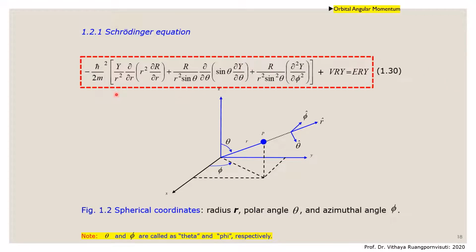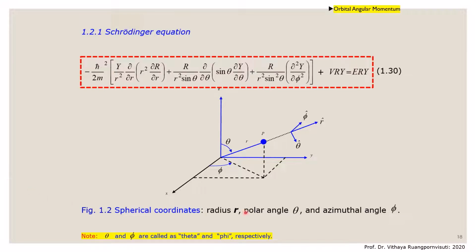The radius r and the angles theta and phi of the particle are depicted in figure 1.2.